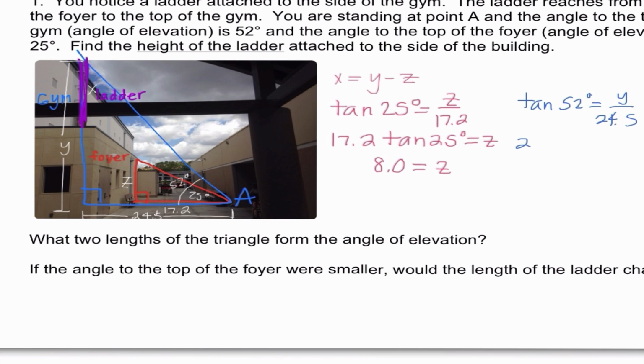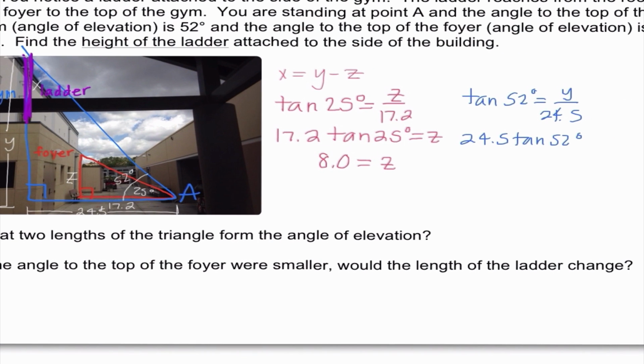Same thing, I'm going to do 24.5 times the tan of 52 degrees, and that is equal to y. And I end up getting 31.4 is equal to y. So our final answer to find the height, I'm going to do 31.4 minus 8.0. So I end up getting that it is 23.4 feet.